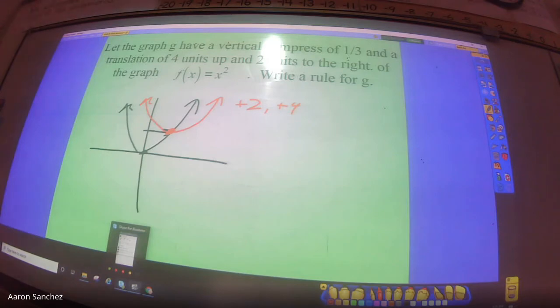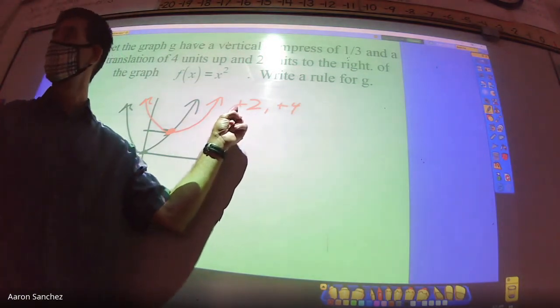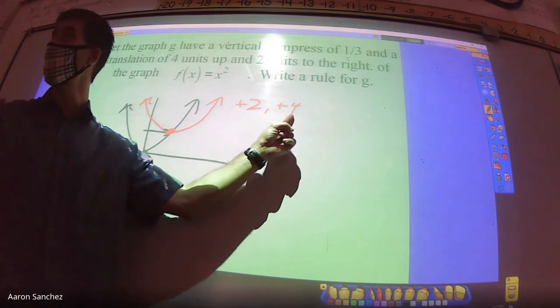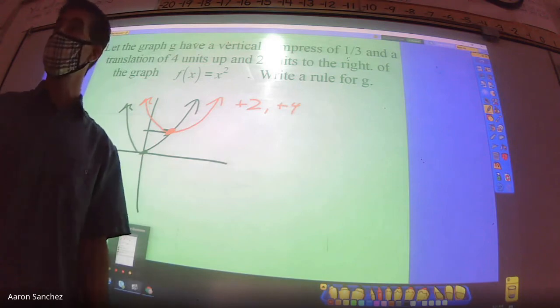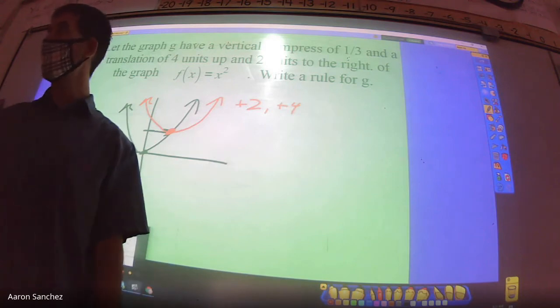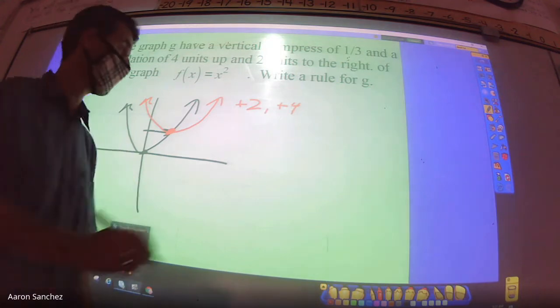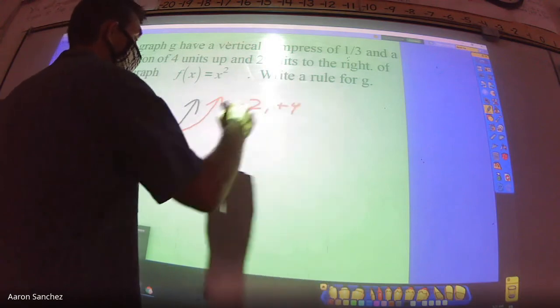So, plus 2, what does that do to my h? Minus 2. Plus 4, what does that do to my k? Plus 4. And 1/3 compression, what does that do to my a? 1/3. So what's g?